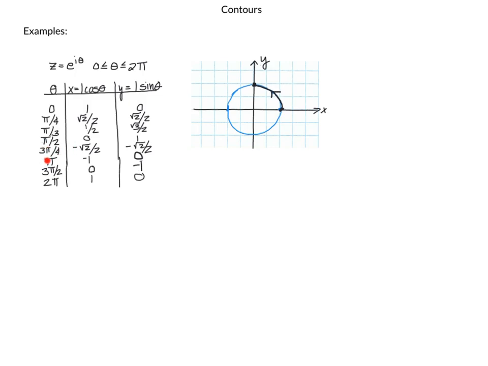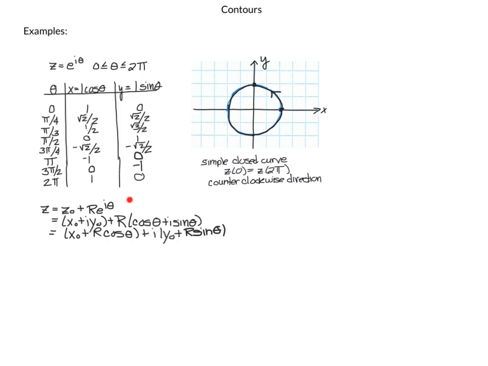As we get to pi, we're at negative 1, 0, and then at 3 pi over 2, we're at 0, negative 1, and then finally at 2 pi we're at 1, 0. And again, this was a closed curve because we end where we began, and also it goes counterclockwise as theta progresses.